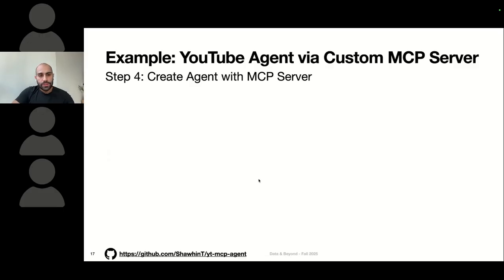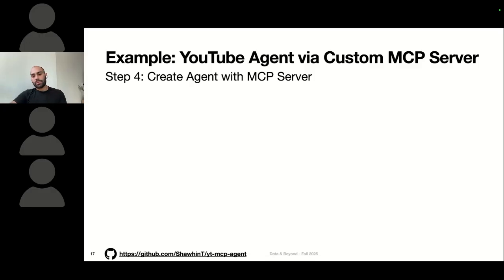Okay, so the next thing we're going to do is create the agent with the MCP server. This is a little more complicated than creating the MCP server. And I'll just say, if you wanted to get this functionality, instead of building a custom agent like we're doing here, you could just take this MCP server and plug it into Claude Desktop and basically get the same results.